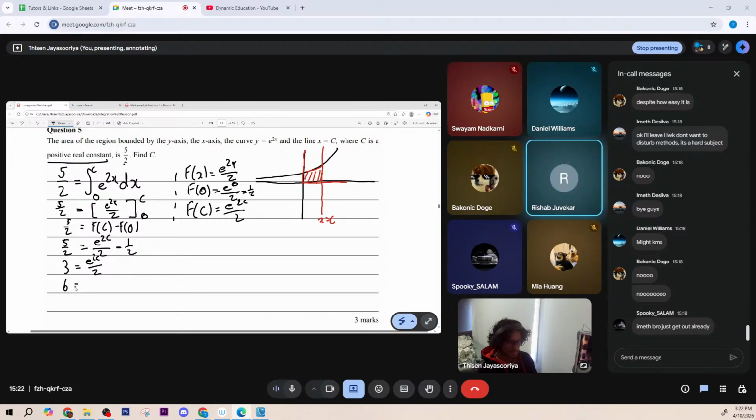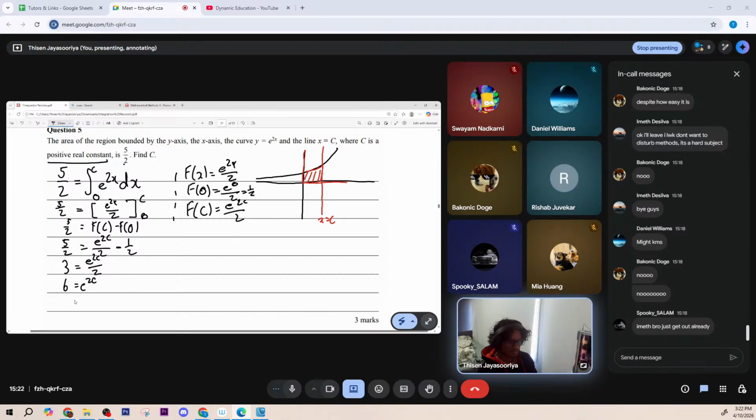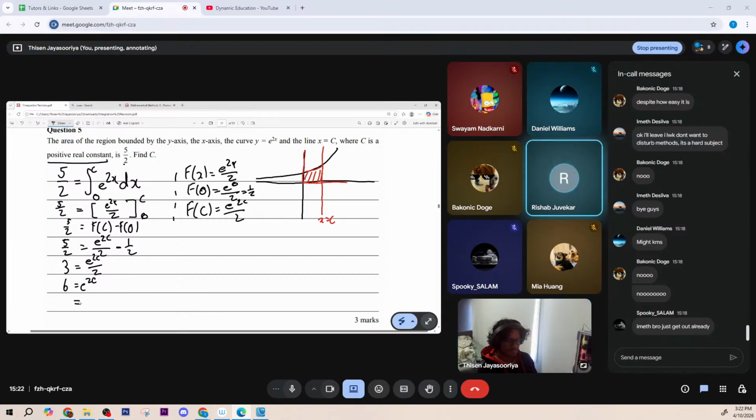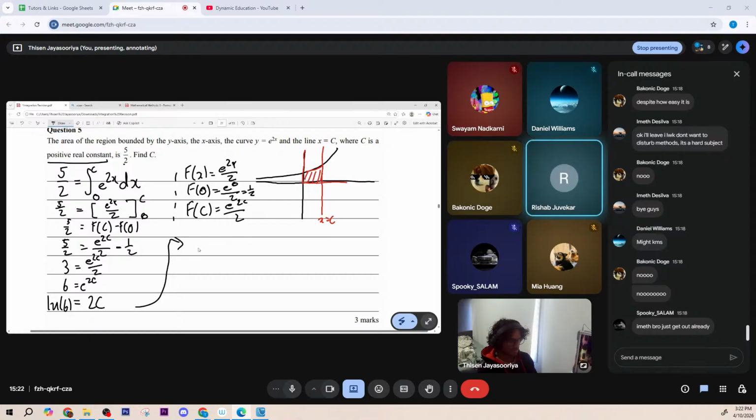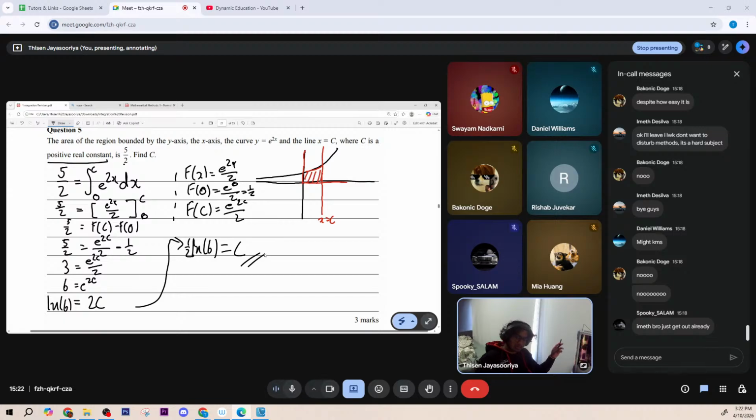Yep, so 6 equals e to the 2c. Then make it a log. Yep, so ln of 6 equals 2c. And then divide by 2. So we get here ln of 6 over 2 equals c. Does that make sense for everyone? Okay, perfect.